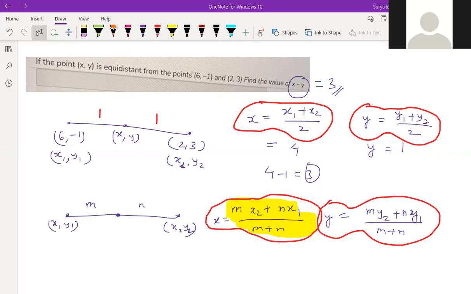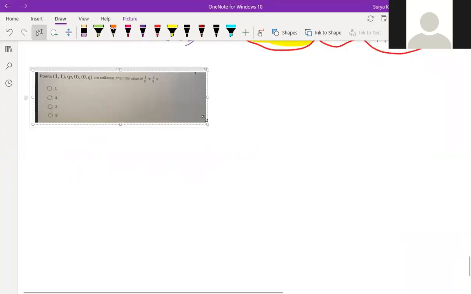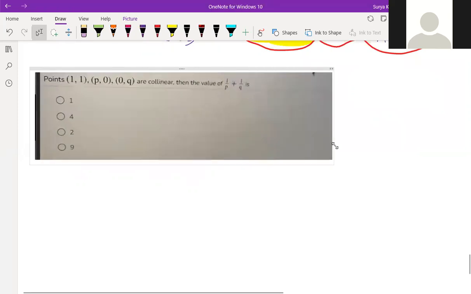So the next question is on collinear points. Collinear means the area of the triangle will be 0. See, this is one question. Here, sir, 0 is not an option.